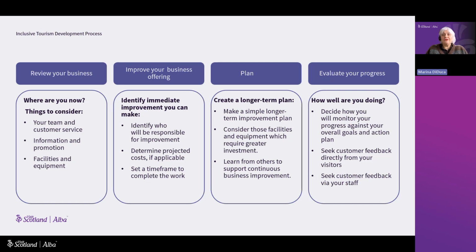The third part of the process is all about, in doing your review and looking at the quick wins, you then will be identifying things that you might want to do that might take longer planning, more cost, more budget, I suppose, and more investment generally. And in doing that, you're setting up a plan for your longer term inclusive development.